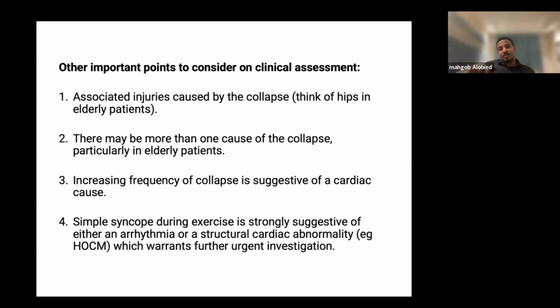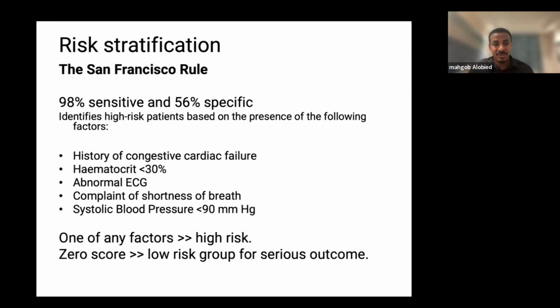So here you will complete your clinical assessment. Definitely you need something to help, which is the risk stratification. There are many risk stratification tools and many rules. But I found the San Francisco rule very simple and helpful.